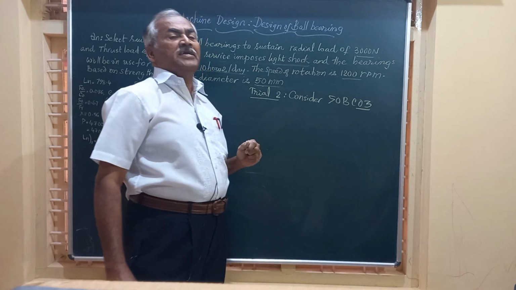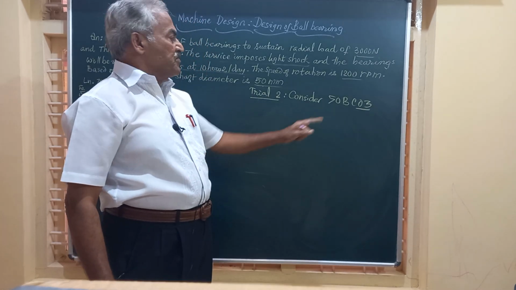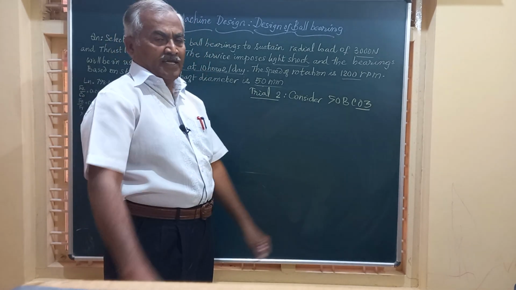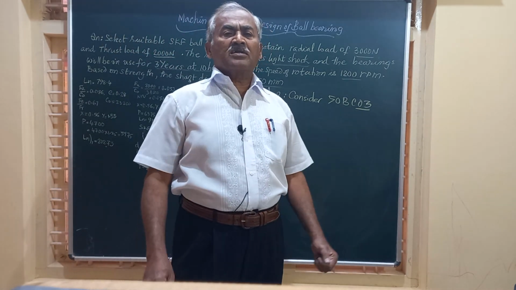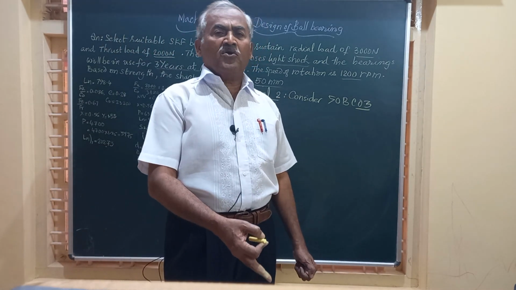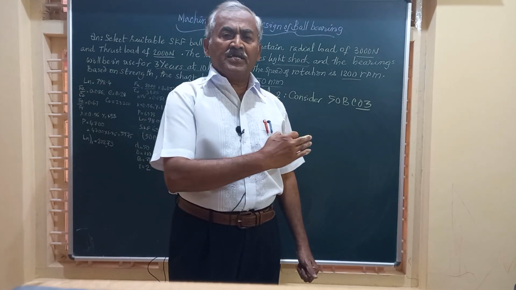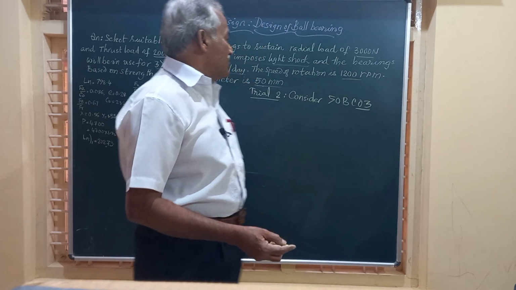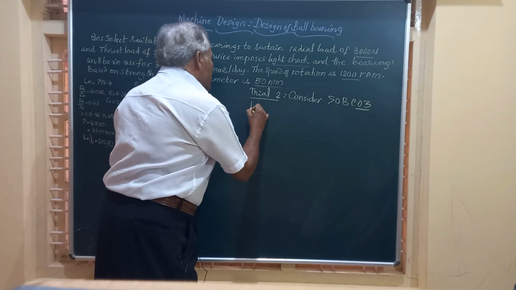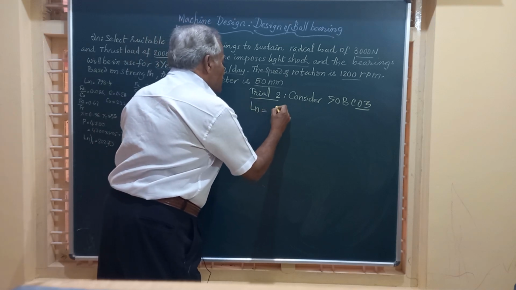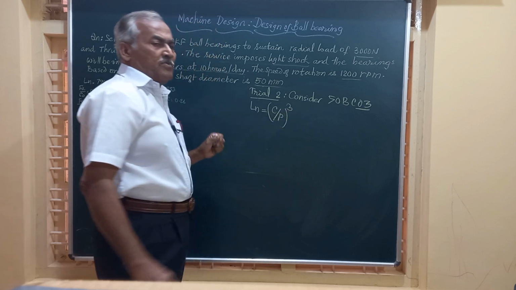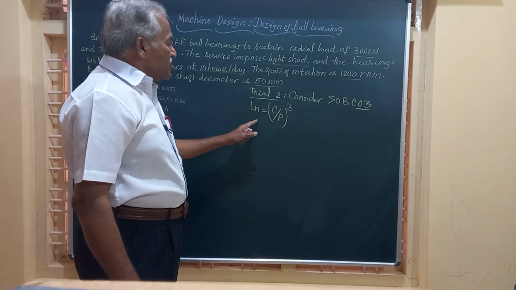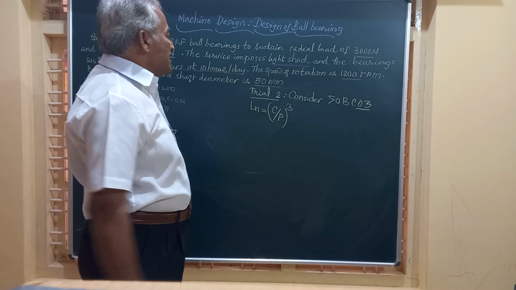O3 is a medium series ball bearing having 50 millimeter diameter. Friends, we repeat the procedure we followed for the first bearing, 50 BC O2. So we'll go ahead as usual. Again, Ln is equal to (C by P) to the power of 3. This formula we are going to use to find out the Ln.